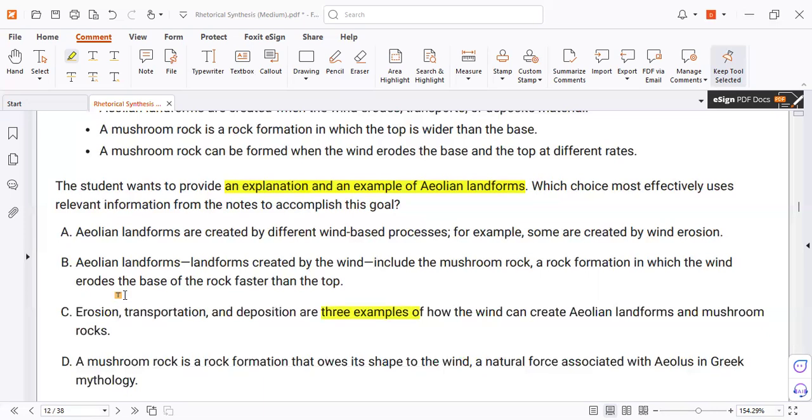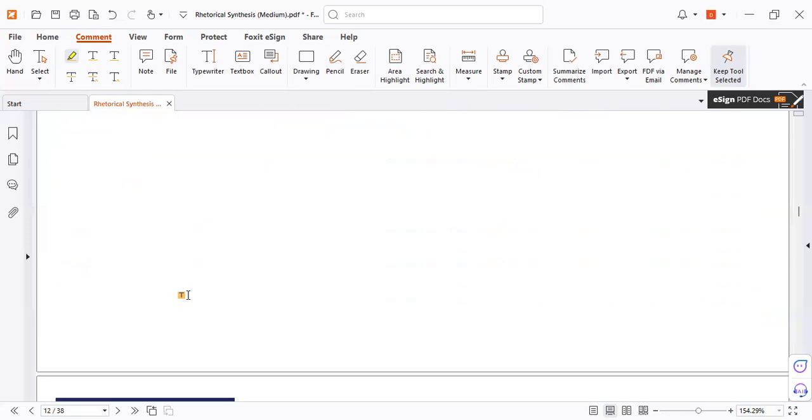Look for letter B. Landforms created by wind include. See, I give you an example, and it tells you what that is. So he explained and gave examples here. And then he said "include" and so on, in which there is a big explanation and examples. And remember landforms. And the explanation about what is rock in which the wind erodes. That's one. Now try again.